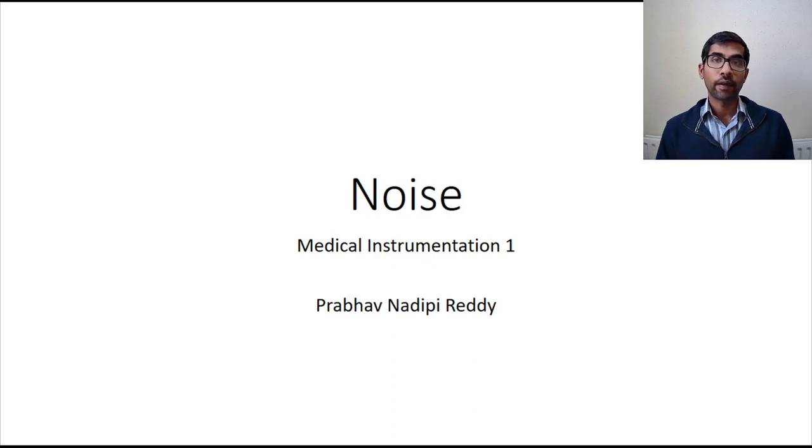Hi, I want to just move on to another topic in this video, and we'll be looking at what is called filtering. The basic idea of filtering is that when we are recording signals, there are unwanted components in that signal that we want to remove.